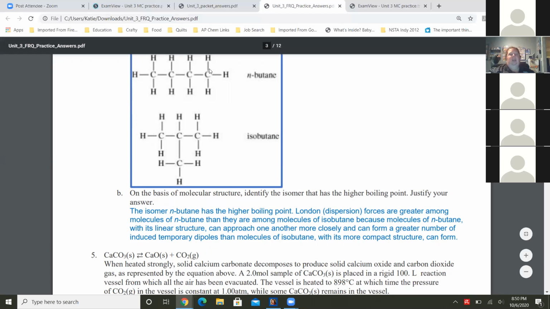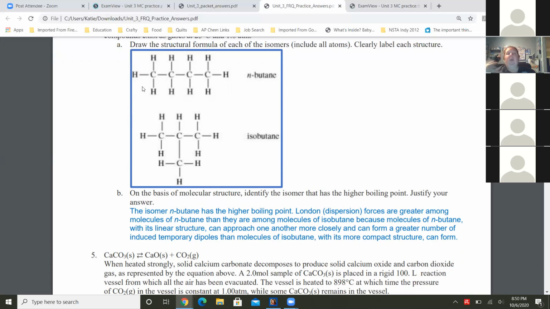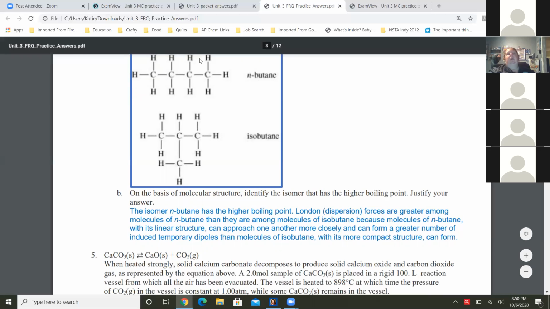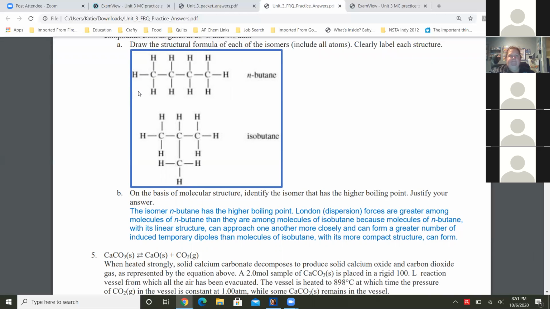So n-butane has a larger surface area, so it's got more chances to make those intermolecular forces with other particles, meaning it would have a higher boiling point. That's something like, way back when we talked about polarizability, right? Because this one has more surface area, we're able to access those electrons a little bit easier. It's going to have a higher boiling point. Okay, that makes sense. Thank you.